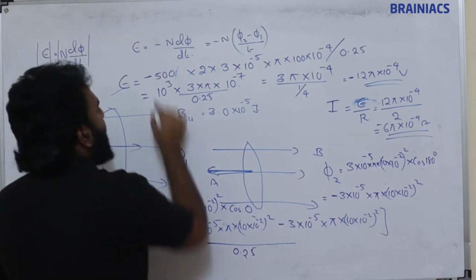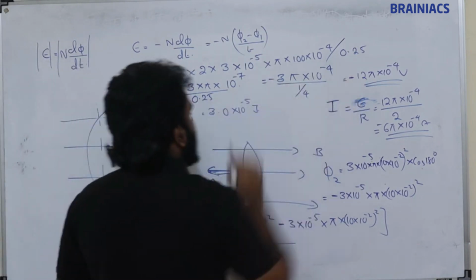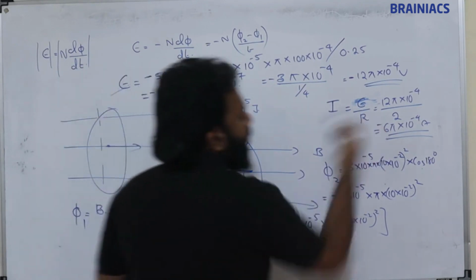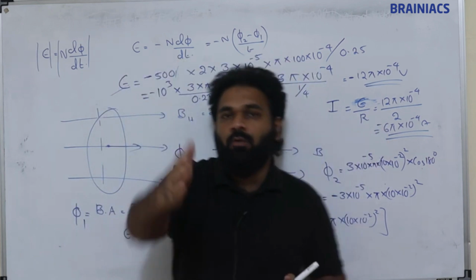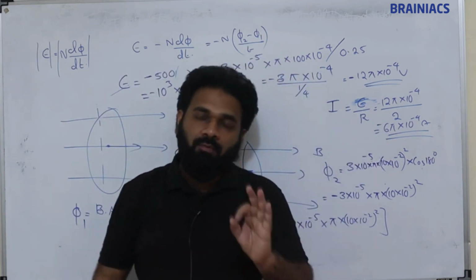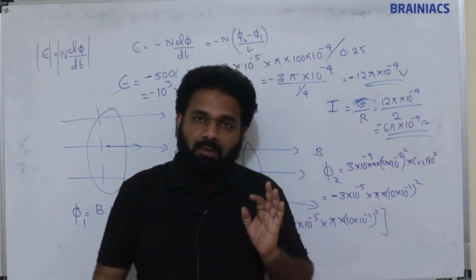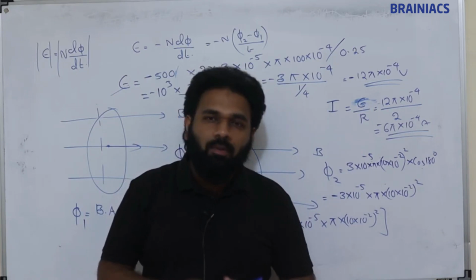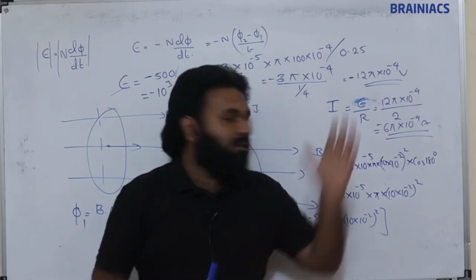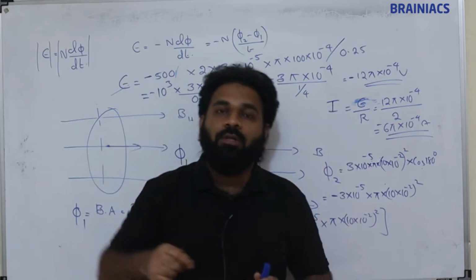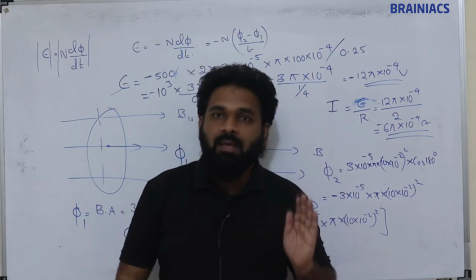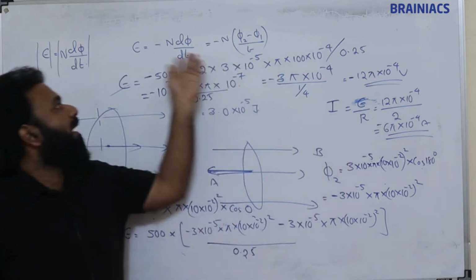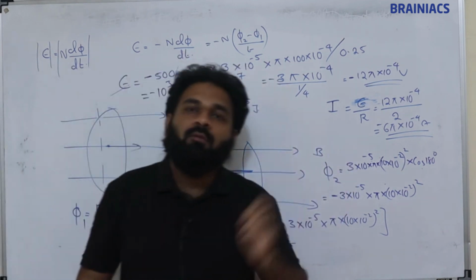So in the final result one negative will come, and in the current also one negative will come. But in these kind of questions, look at the options, they have given only magnitude. So they are not bothered about the negative sign in these type of questions. They will bother about the real direction only in Lenz's law. So even if you neglect this negative sign, nothing will happen.